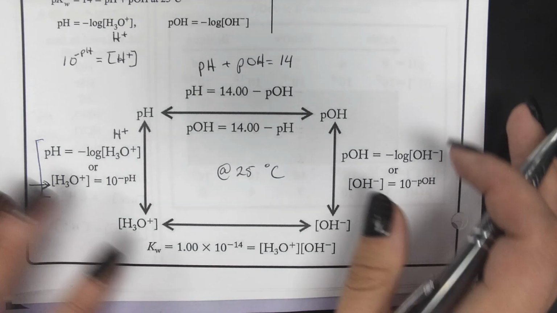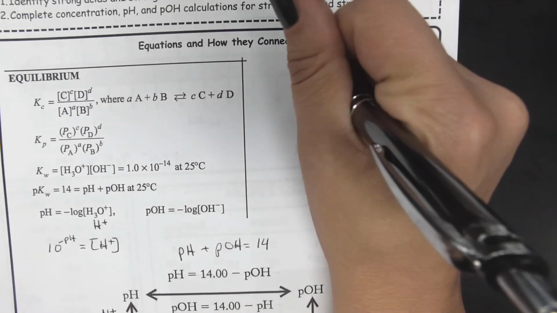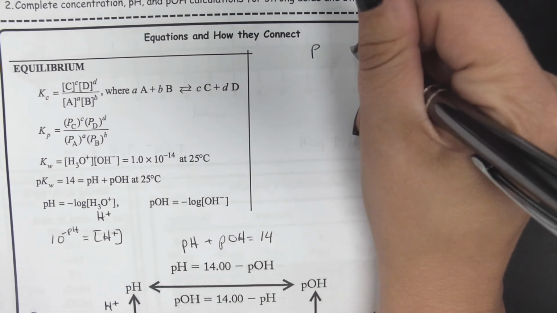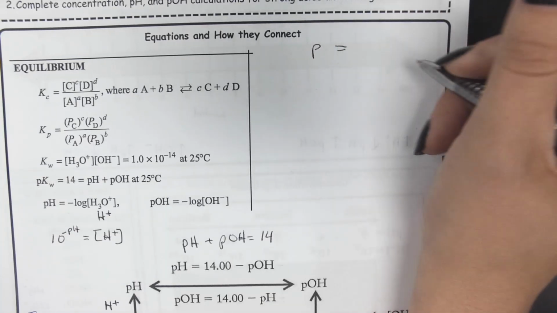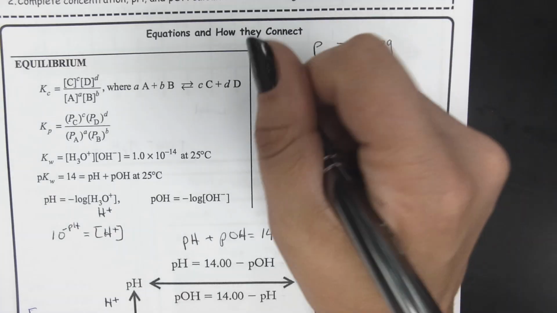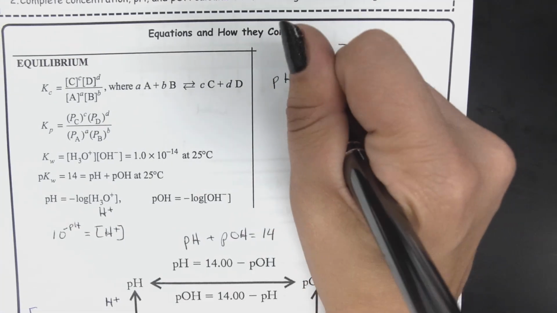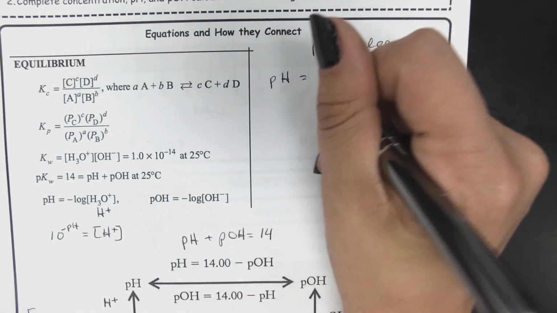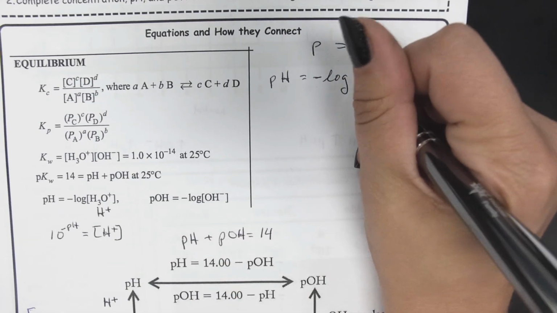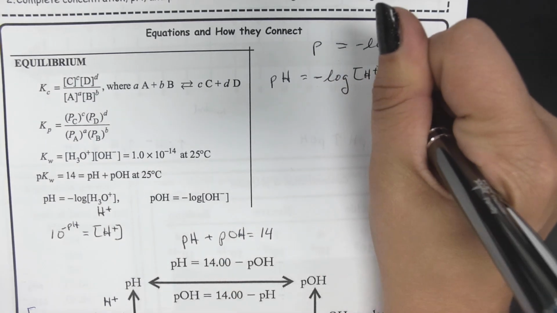This is something interesting. Often, the letter P in mathematics, they replace P with negative log. So if we think about this, pH, well, remember how P means negative log? And then H is the concentration of the H+.